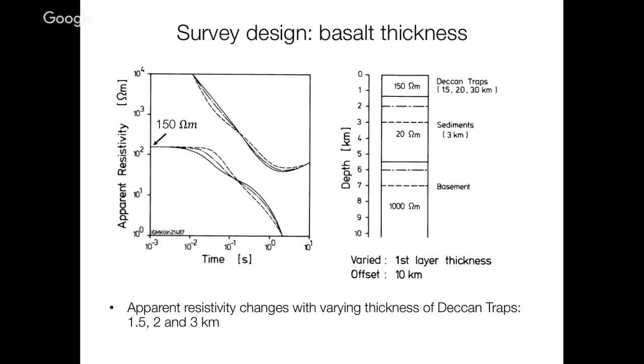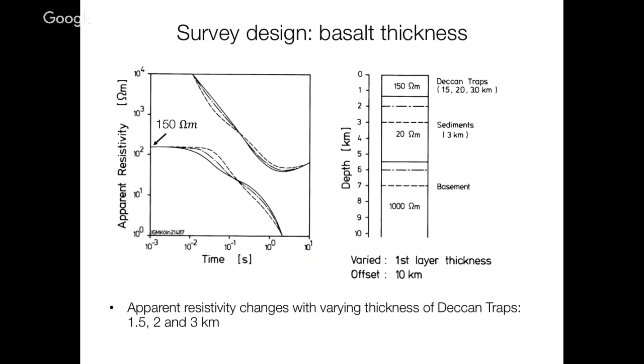Before you go out and do anything, you go to survey design. In this case, it was pretty simple. Looking basically for a 1D Earth, and the first question was, okay, what about the thickness of the basalts? Could you distinguish between a 1.5, a 2, and a 3 kilometer thick basalt? When you take the data, convert them to apparent resistivity, and here's time on this axis. So this is kind of like a decay curve, a sounding curve.